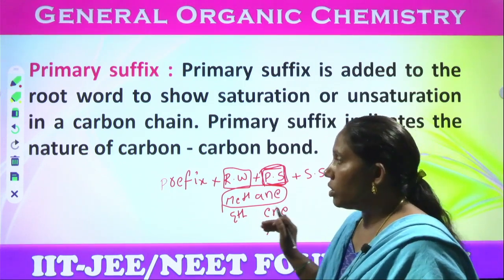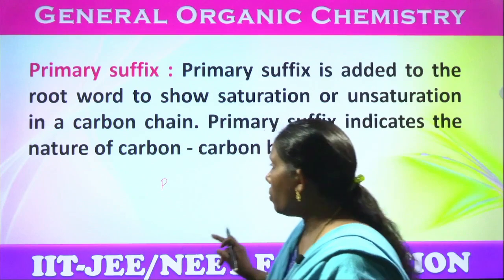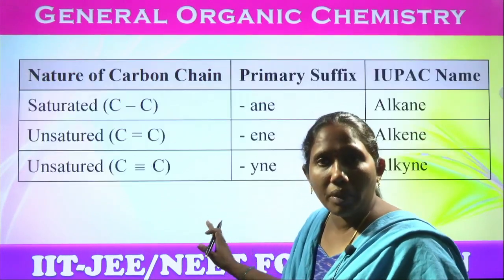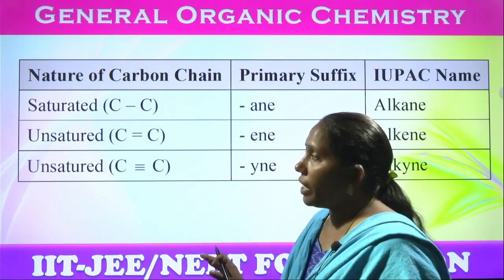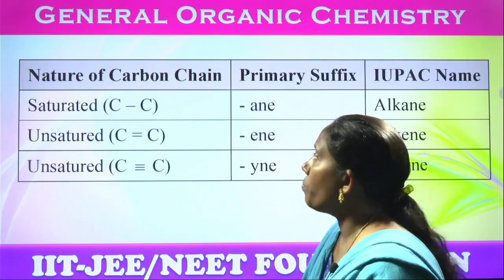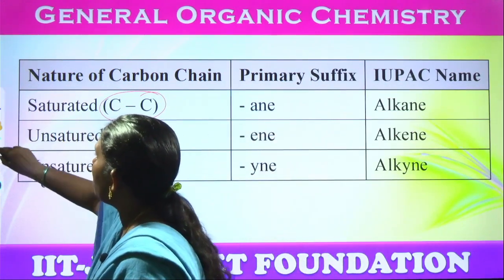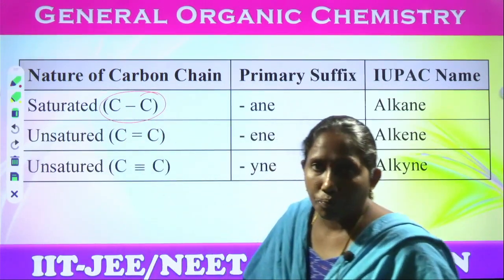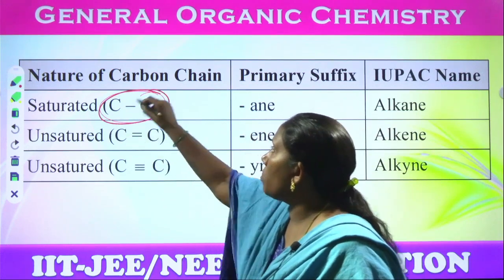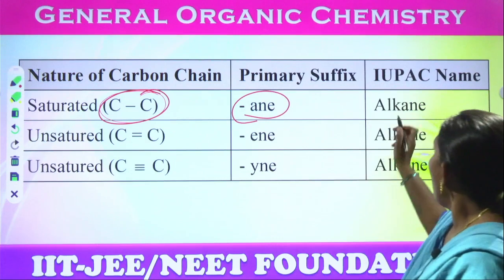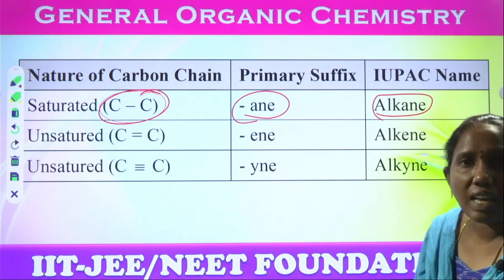So this is about the primary suffix. Now you have clarity on root word and primary suffix. Now come to the next one. Here they have given it in tabular form. Nature of carbon chain: if all single bonds are present, meaning between carbon and carbon all single bonds, then the primary suffix will be ane, and the IUPAC name is alkane.